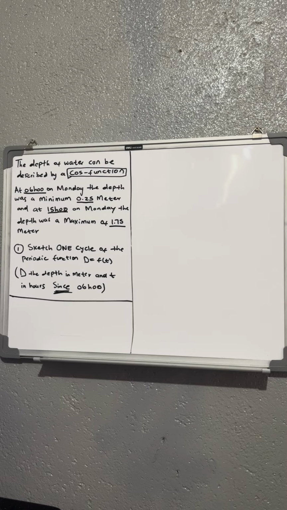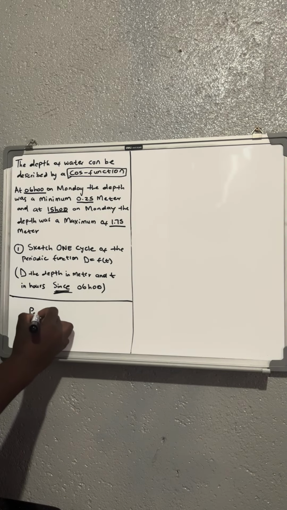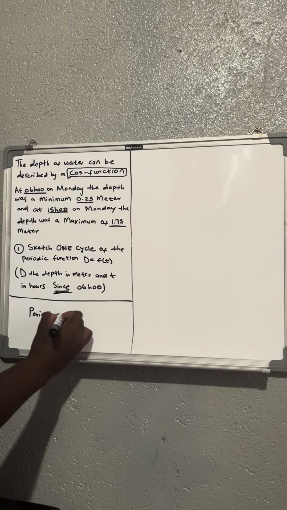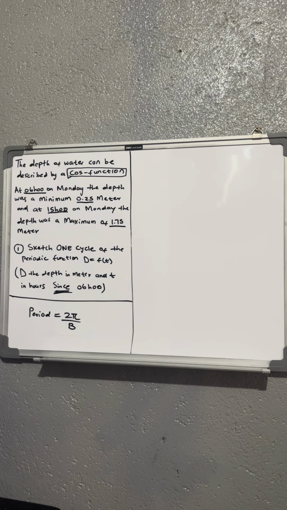Okay, before we go to the values, I just want to make sure that we've interpreted everything together. In order to calculate our period, we know that the period is given as 2 pi over b.